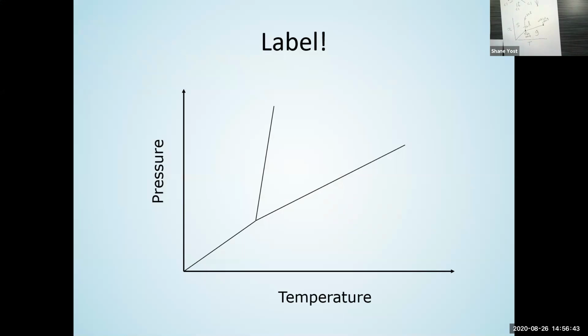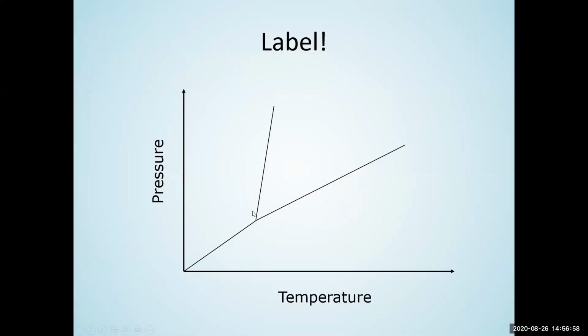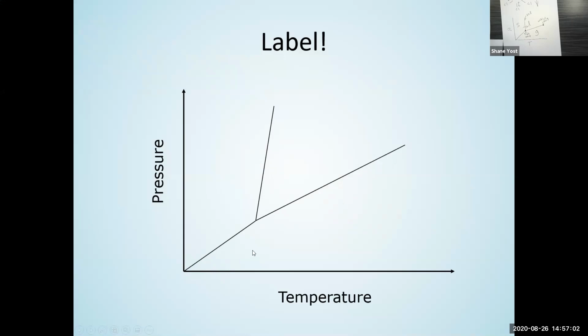Anyone know what differs in the phase diagram for water? I'll give a hint, it's one of these three lines. Yes, that first one. This top line here goes up and to the left for water.